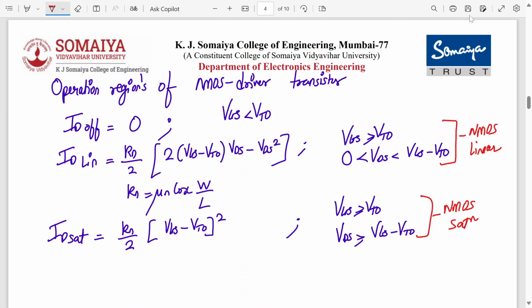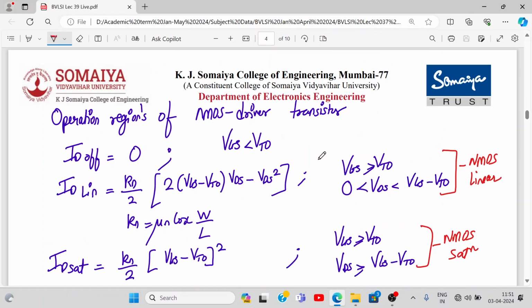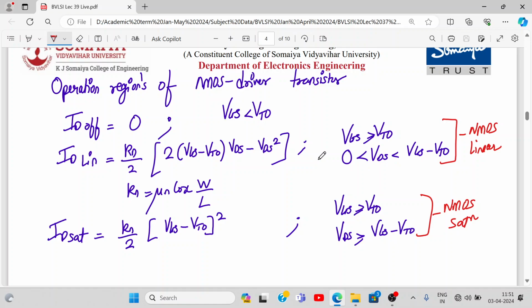Okay, now let's work with numbers. I'll use my old PDF now. Completed the operating regions of the NMOS driver.